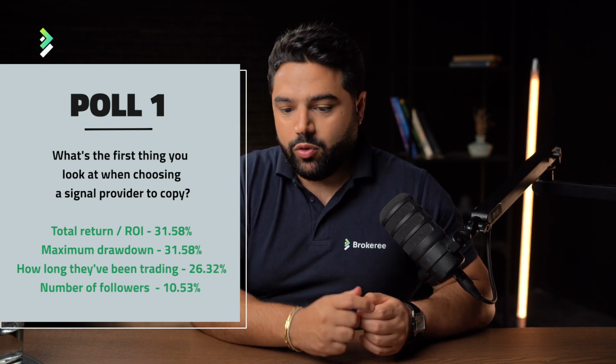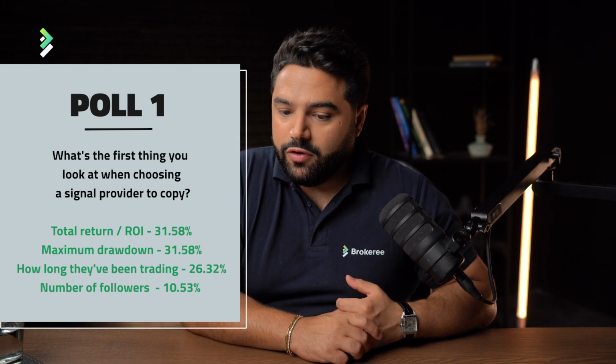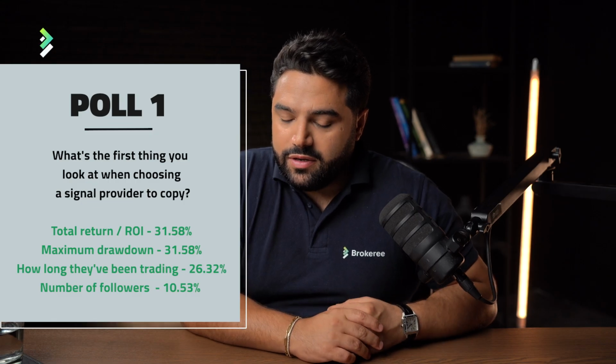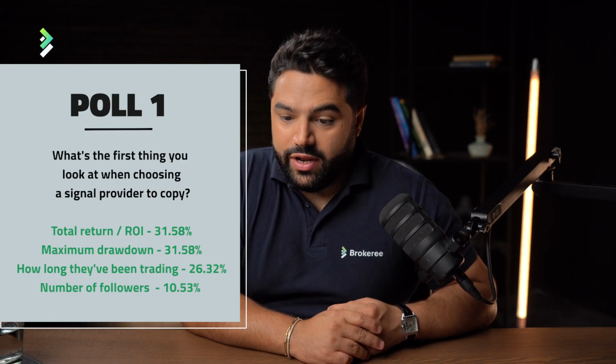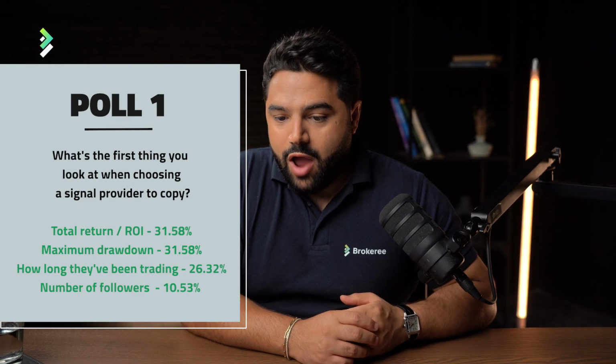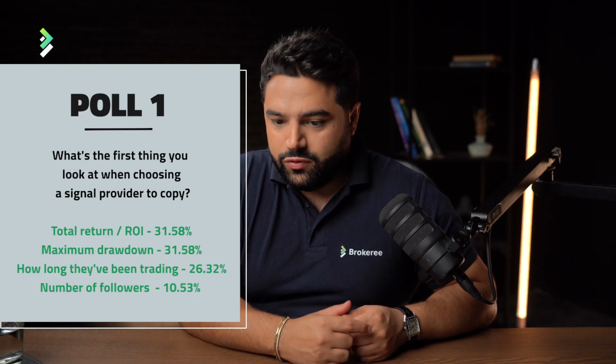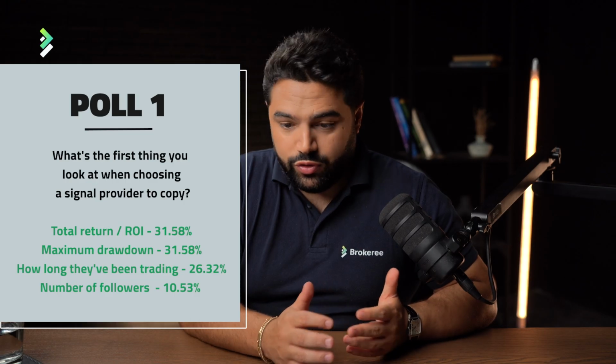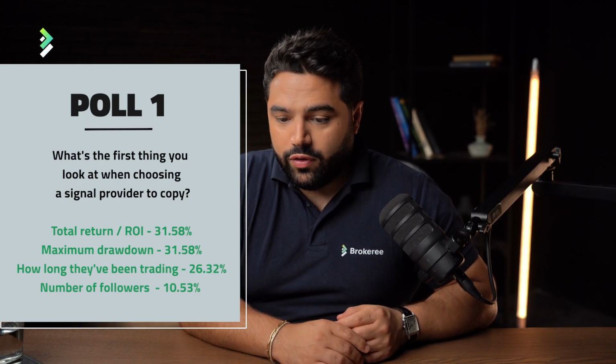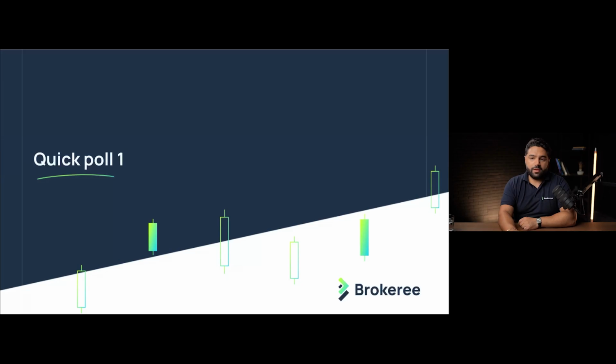Number of followers is the least, and then we have how long they've been trading. I would actually put them in the same order: total return, max drawdown is as important, and how long they've been trading for. Okay, so we'll move to the next slide.